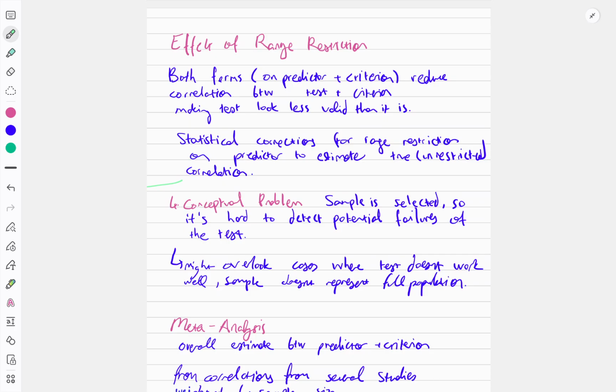But maybe if we hired people who did not do as well, maybe moderately good, they would also be very good at their jobs, or maybe even better than them. So we don't really know if the test is measuring well. So we need to look at everyone.